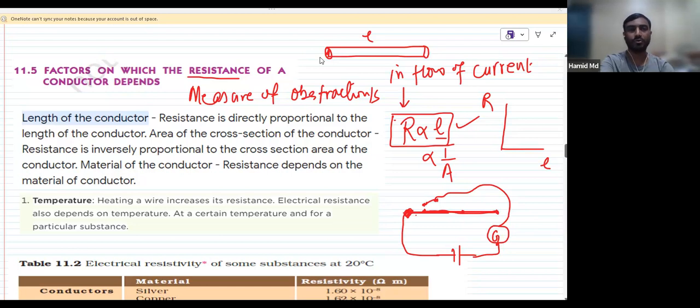Draw the graph and show me. Jaslene, how will it look if we plot R directly proportional to L? Unless you respond, I won't proceed further because it's the thinking process. But I may give you hints.